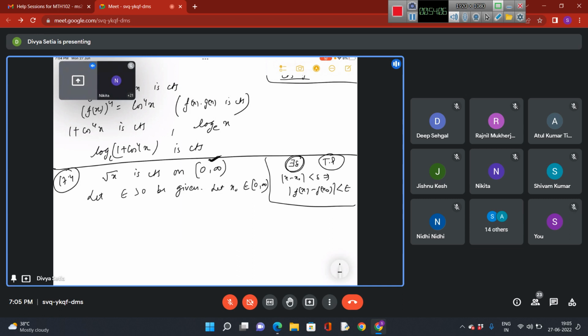Fine. So let epsilon greater than 0 be given and then consider f(x) minus f(x naught), and we'll create a delta with this. So square root x minus square root x naught. Now which step can I do? How will I create my delta now?